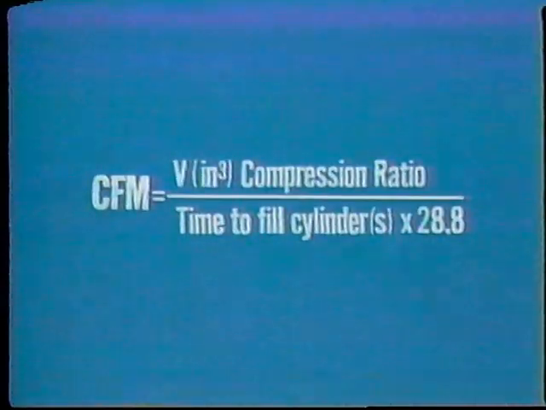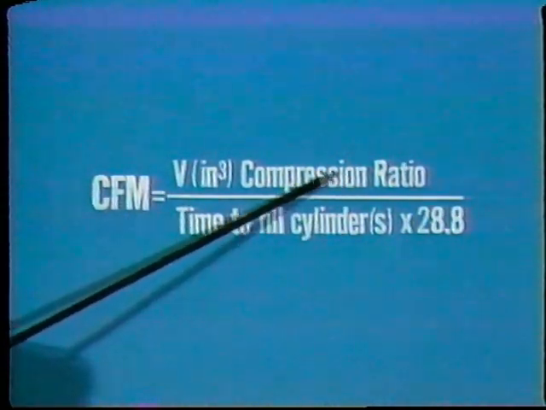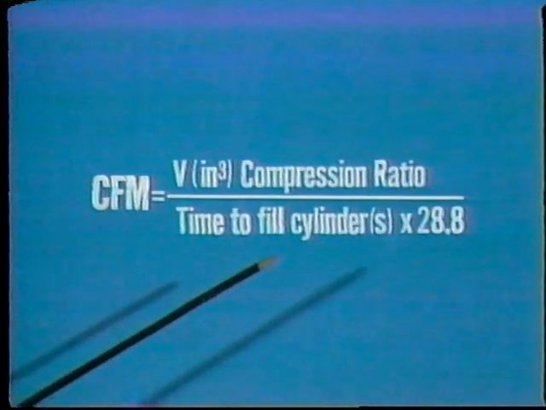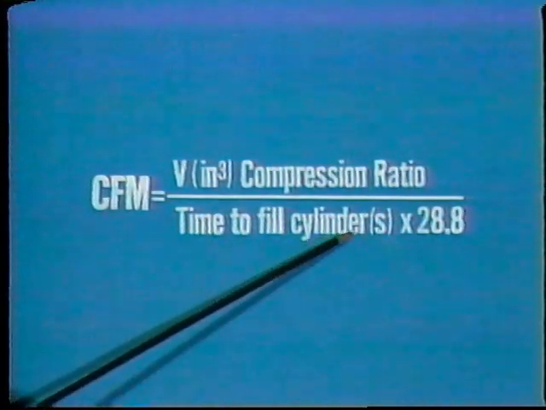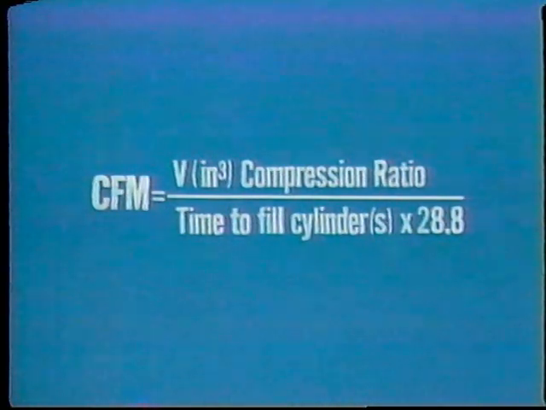Once we know the volume of the cylinder and the compression ratio, we can calculate the flow rate into the cylinder. Here's how they're related. Basically, the flow rate in cubic feet per minute equals the cylinder volume times the compression ratio, divided by the time it takes to fill the cylinder, times a constant, 28.8.